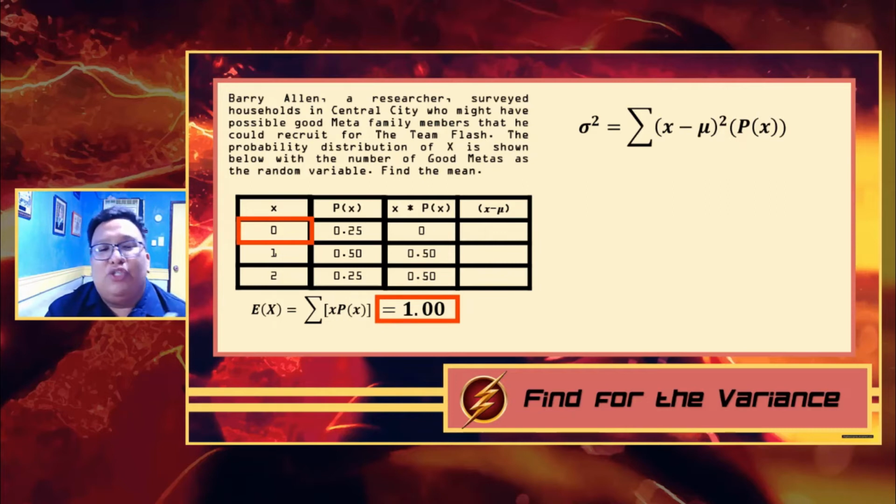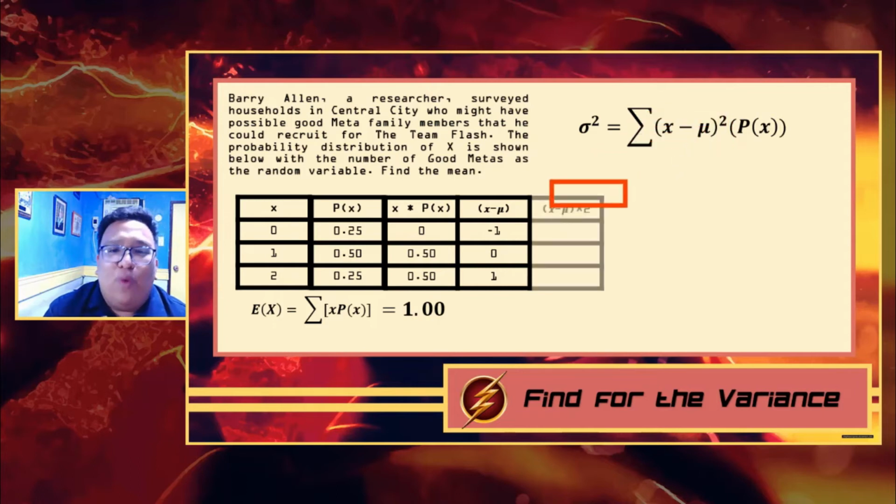So 0 minus 1, that is negative 1. Then we have 1 minus 1, that is 0. Alright? And then we have 2 minus 1, and that is 1. So next, let's look again at the formula. It has a square, so that means we're just going to square these numbers.